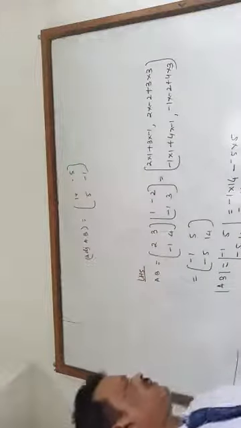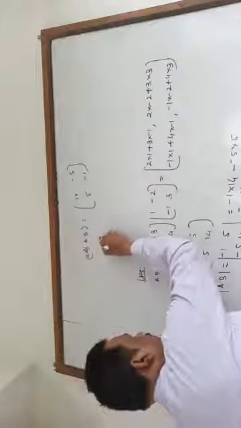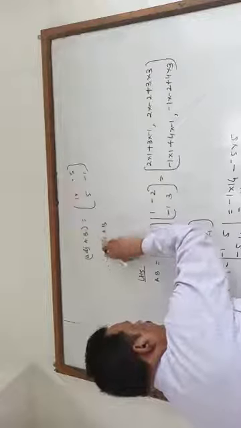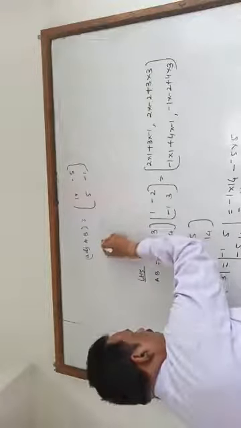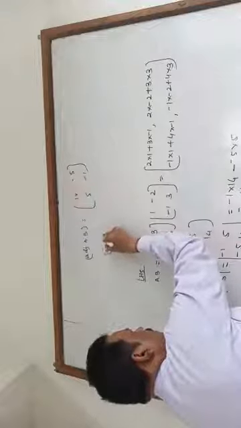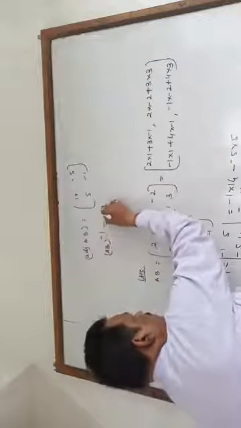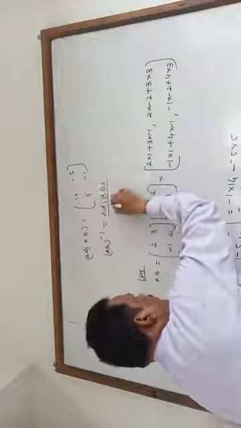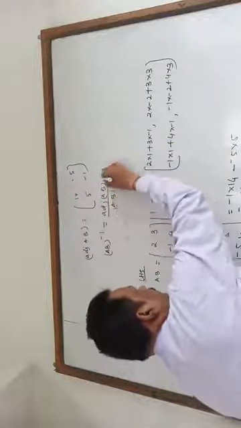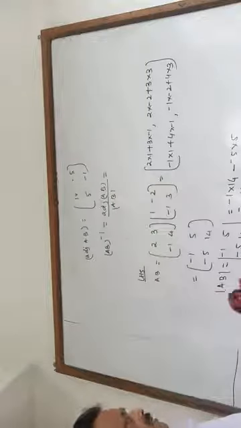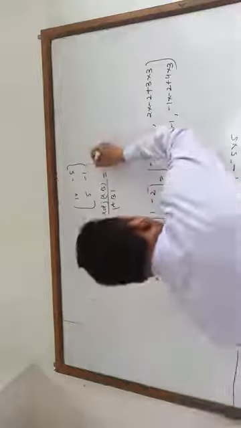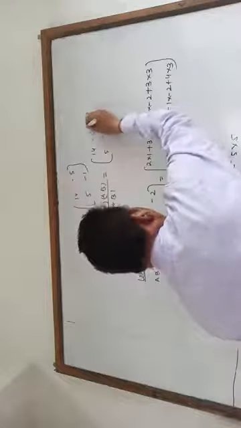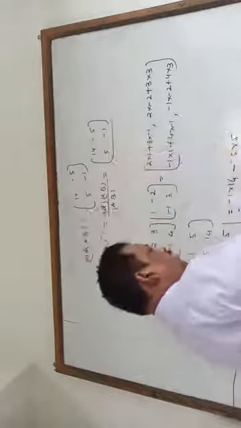So shortcut method. Therefore, adjoint of AB. AB inverse equals adjoint of AB by determinant of AB. So that is adjoint of AB, you got 14, minus 5, 5, minus 1 divided by 11.